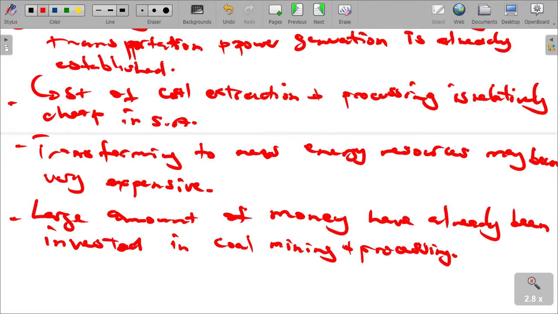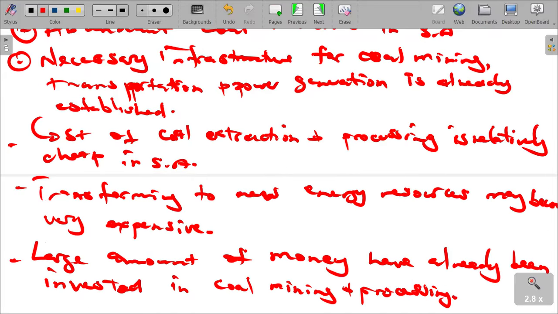So the country cannot start to reinvest on other things because this is quite expensive already. We have already made coal mining a major investment in South Africa. These are some of the advantages that we can put in place in regard to that.